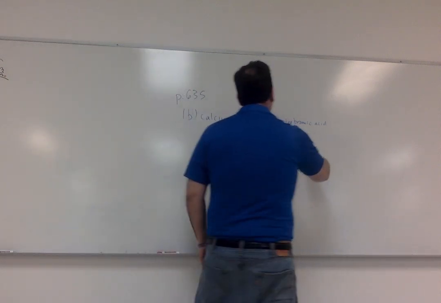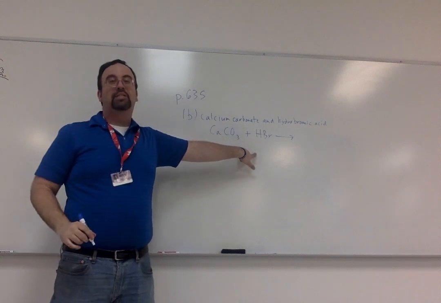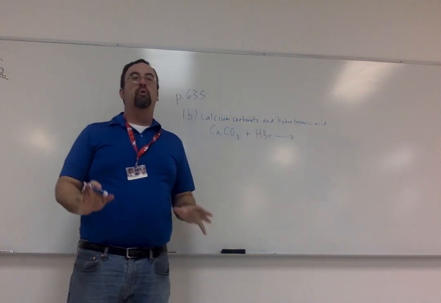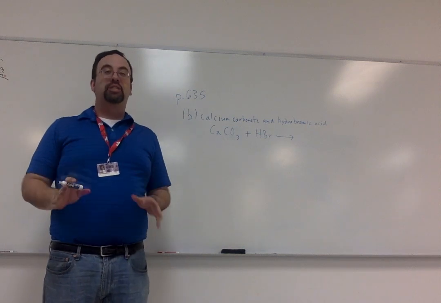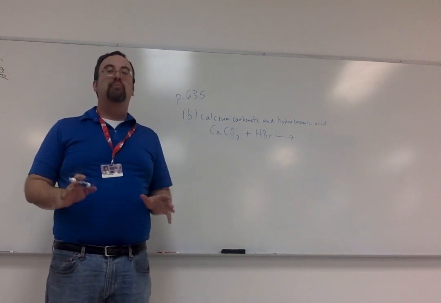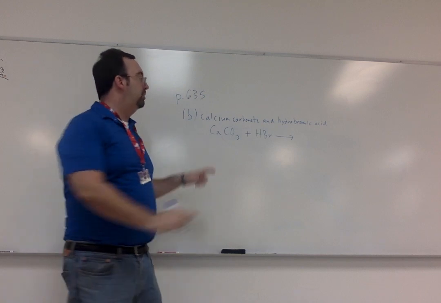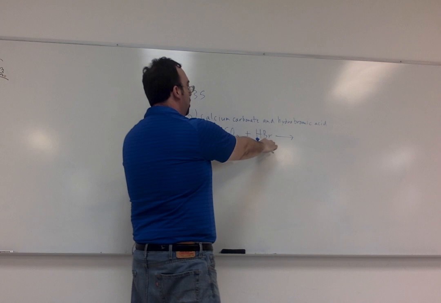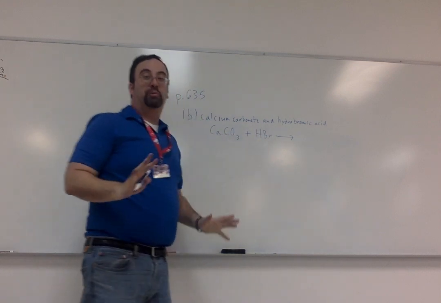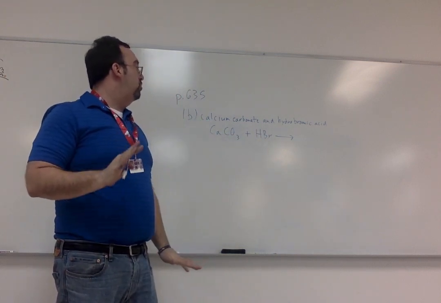Right. We have our two reactants that will come together then to form two new products. And so notice that in this problem, we're going to have a double replacement type reaction. And so the Ca and the H are going to switch places, and the Br and the CO3 are going to switch places. And so we're going to end up with two new products.